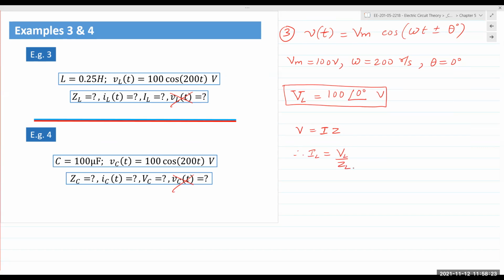So I need to find ZL. The mathematical operation I need to perform here is division, right? So I want my impedance in polar coordinates. If I was adding or subtracting, then I would use rectangular coordinates. But because I need to perform a division, I'm going to use polar coordinates. So instead of using j omega L, I will use omega L with the angle of 90.